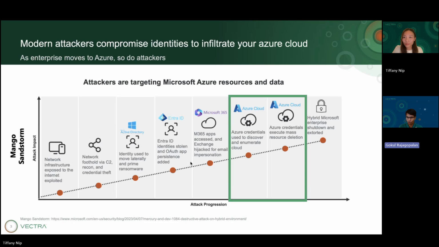And once I know what resources or services I have access to, I'm just using more APIs, whether it is to discover, to persist, or to move laterally. That progression is much simpler.